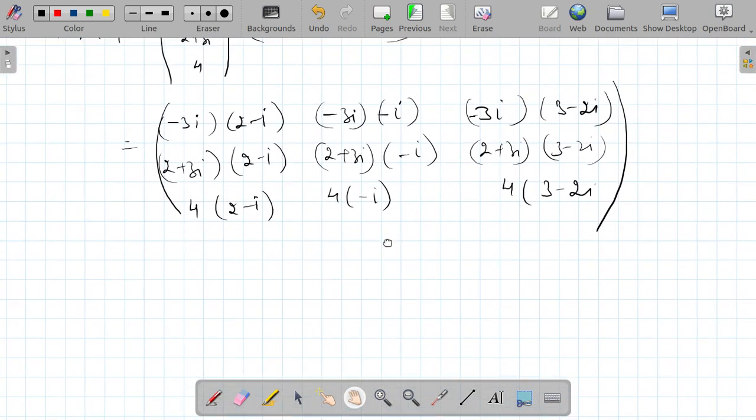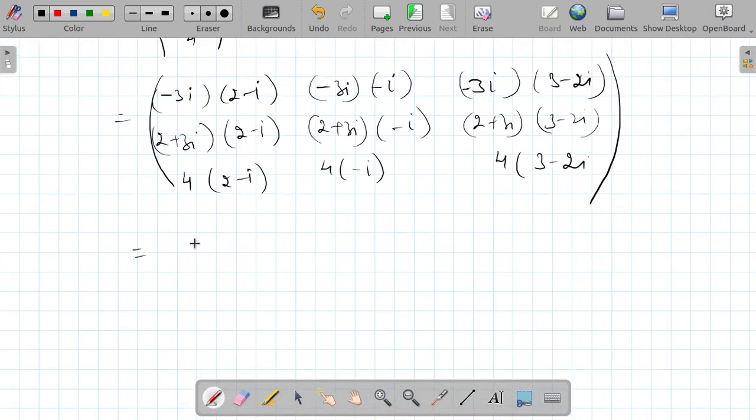And this, after simplification, will lead to a 3 by 3 order matrix. So minus 3 minus 6 iota, 7 plus 4 iota, and 8 minus 4 iota.